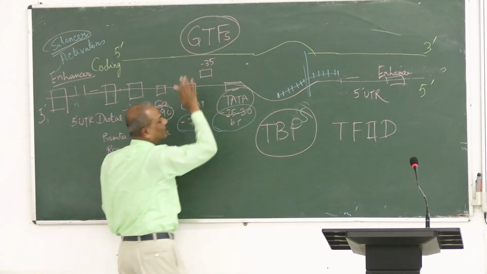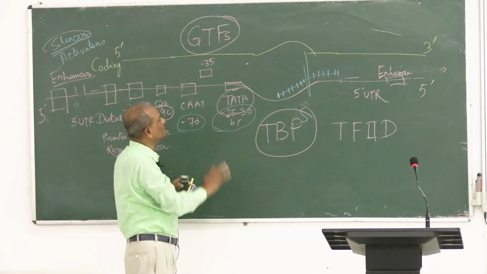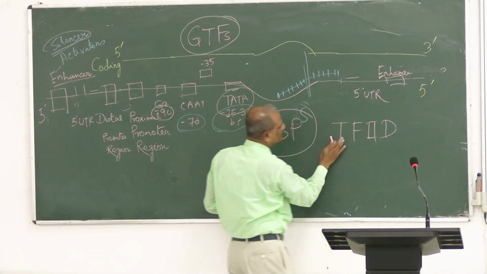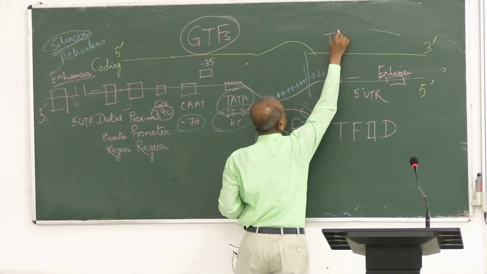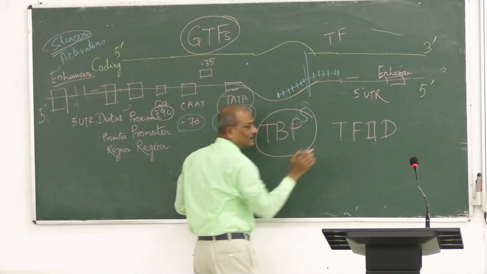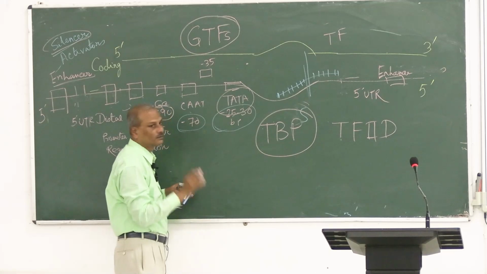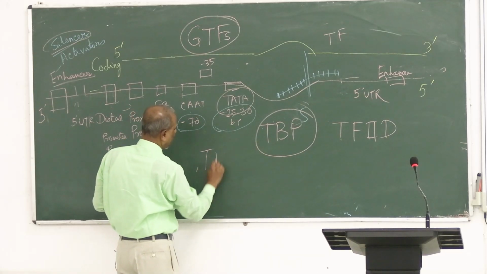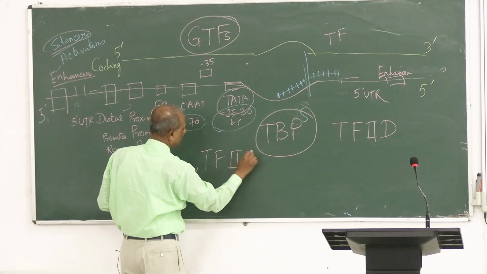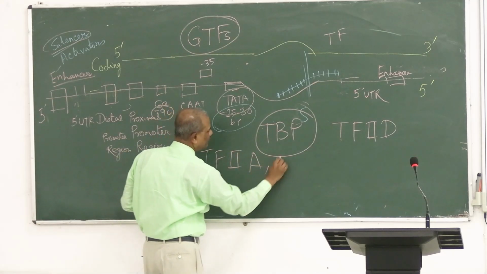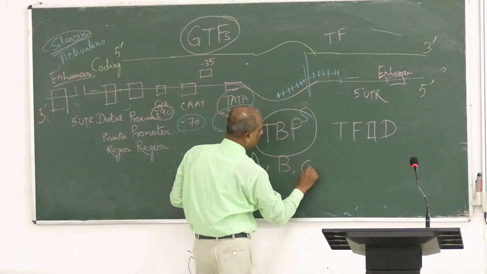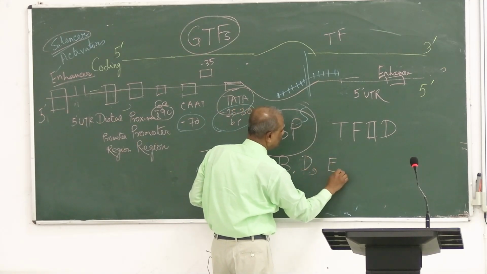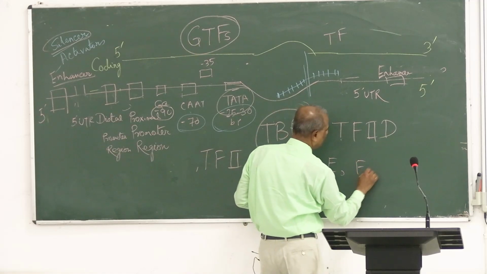TF means transcription factor. So there are at least 6 common transcription factors. One is transcription factor 2A, 2B, 2D, C is not there, 2D, 2E, 2F and 2H.